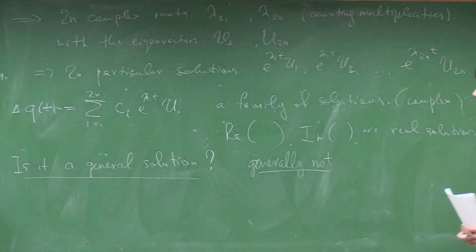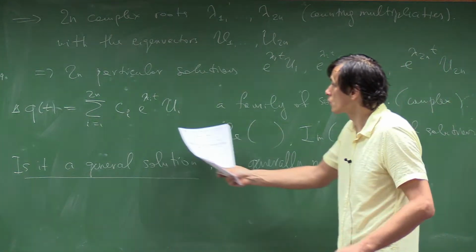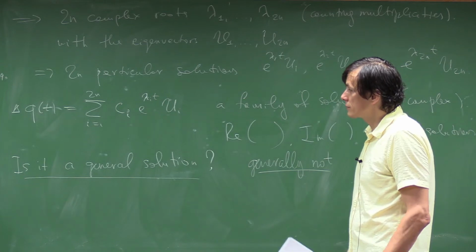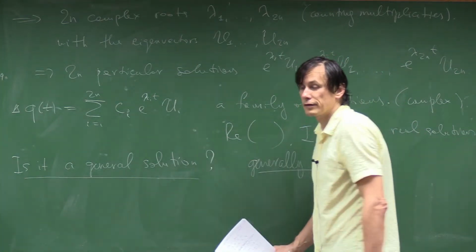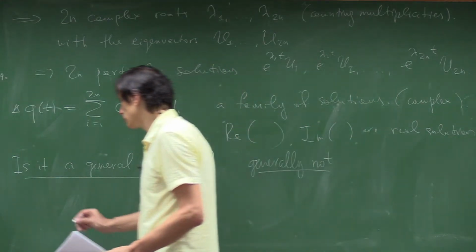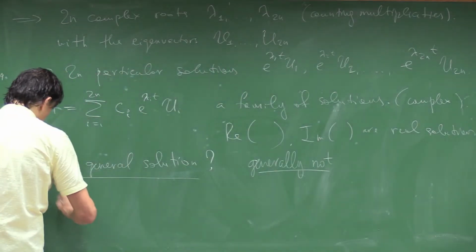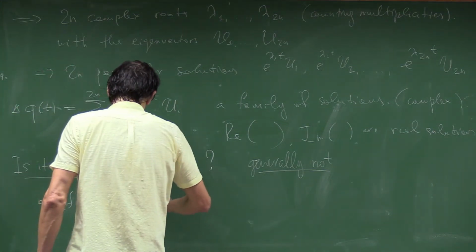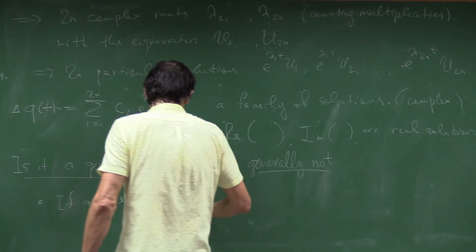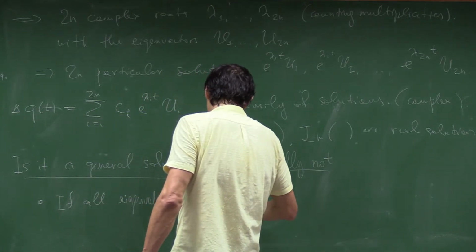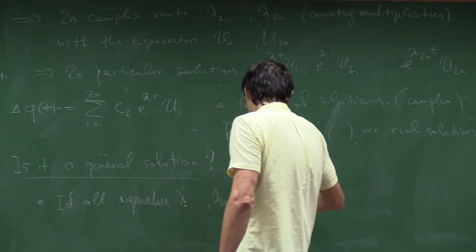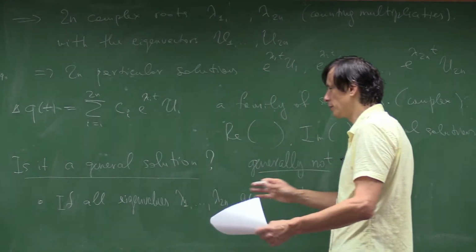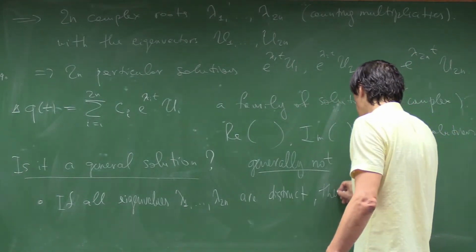It's not always the case that in this way we can find a general solution. Actually, there are two situations. If all eigenvalues are distinct, so if all of them are different, then yes.